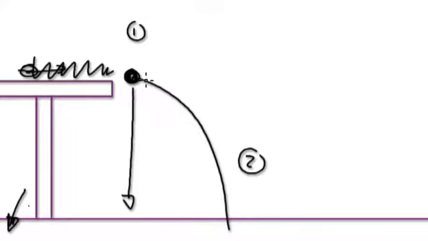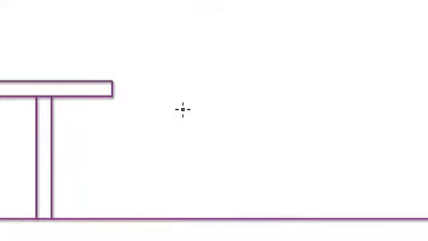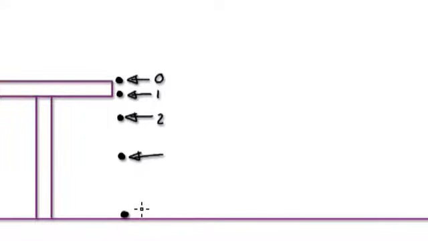Okay, the answer is, well, hang on, let me show you. Option one would travel like this. Let's say this is one moment in time, and these are equal spaces in time. So let's say this is 0 seconds, 1 second, 2, 3, and 4 seconds here.